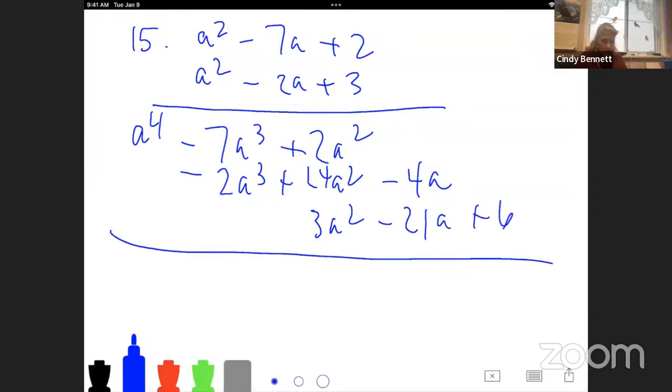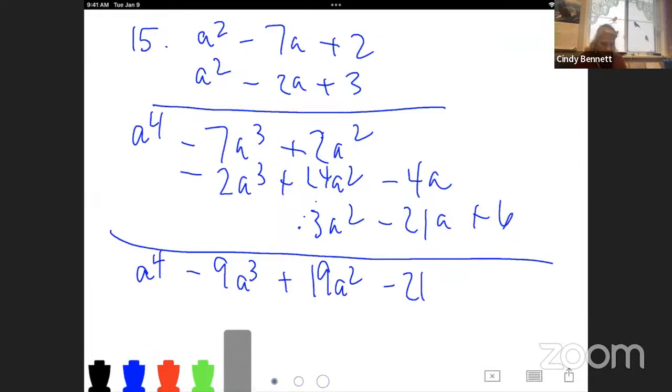Now, as you can see, I put all the like terms underneath each other. So now I can just combine my terms. 9a cubed, 14, 15, 16, 17, 18, 19, and they're all positive, minus 25a plus 6. And that is my final answer.